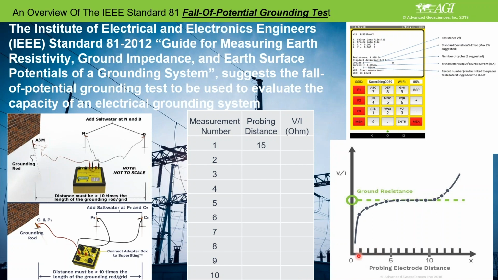Those resistance values will be plotted with the probing distance, and then you will get your ground resistance interval. Okay, that is where your ground resistance should be. If your ground resistance is much higher or much lower, that is where the limitation has to be checked. Okay, this is typically how you find your ground resistance for underground installations.